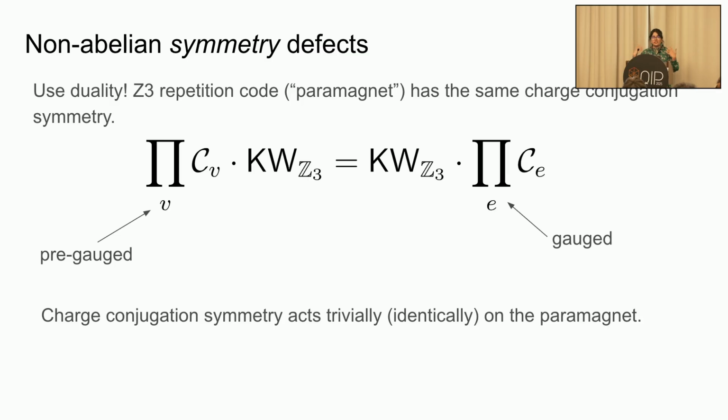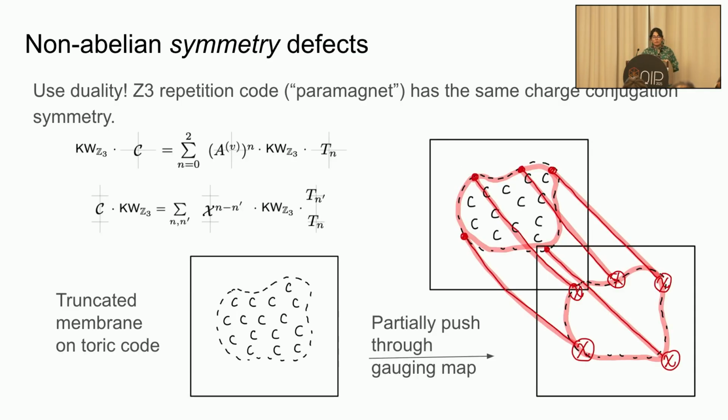But this charge conjugation acts trivially on this paramagnet because you can think the paramagnet is just a product state of the symmetric state in the Q-trit space, and charge conjugation acts trivially on this. So what we can do is push the truncated membrane, this charge conjugation membrane on the toric code, back through the Kramers-Vannier map onto the paramagnet.